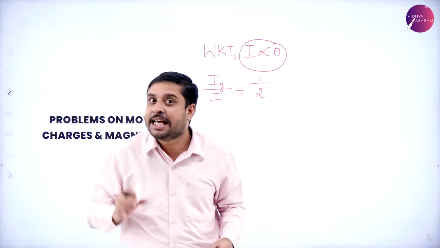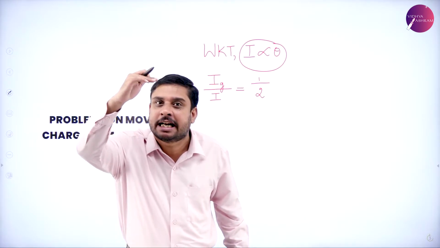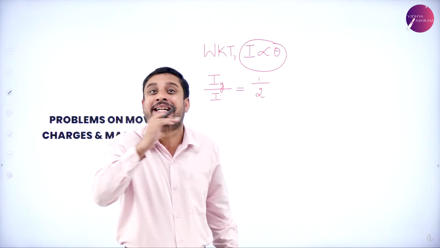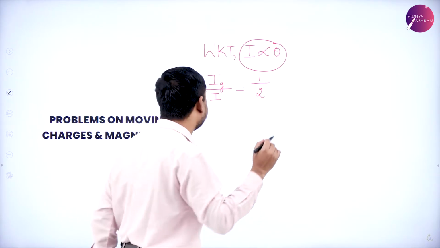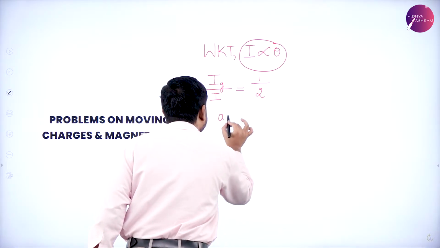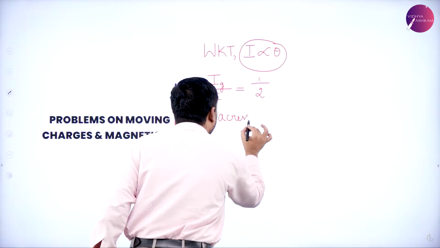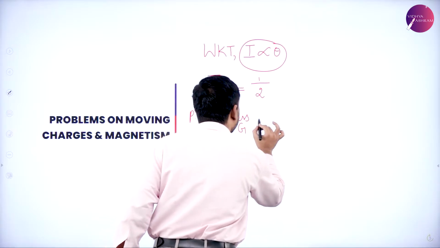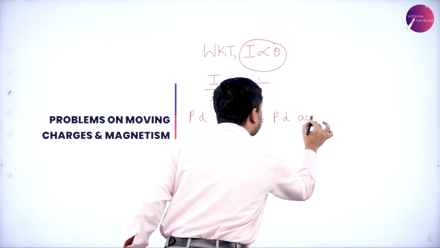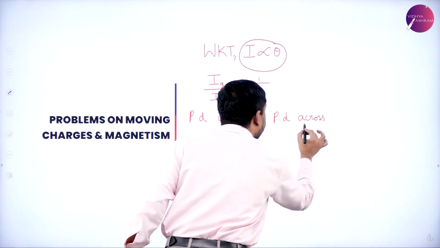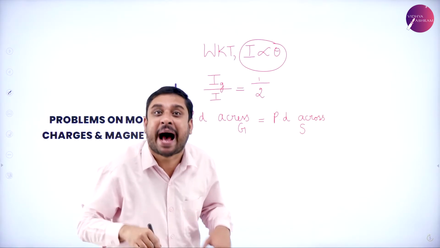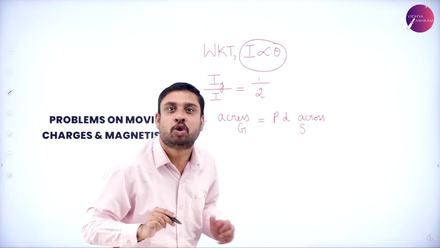Now very clearly galvanometer and S are in parallel, S is shunted across the galvanometer. So potential difference across G should be equal to potential difference across S. Why? They are connected in parallel, so potential should be the same.